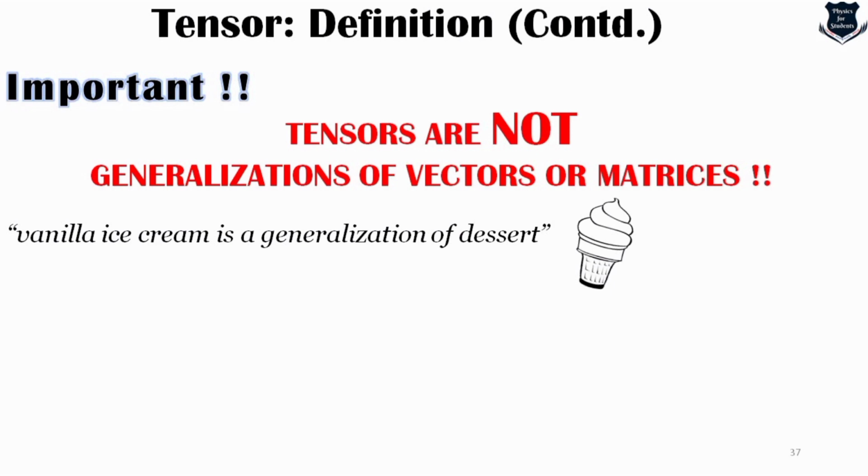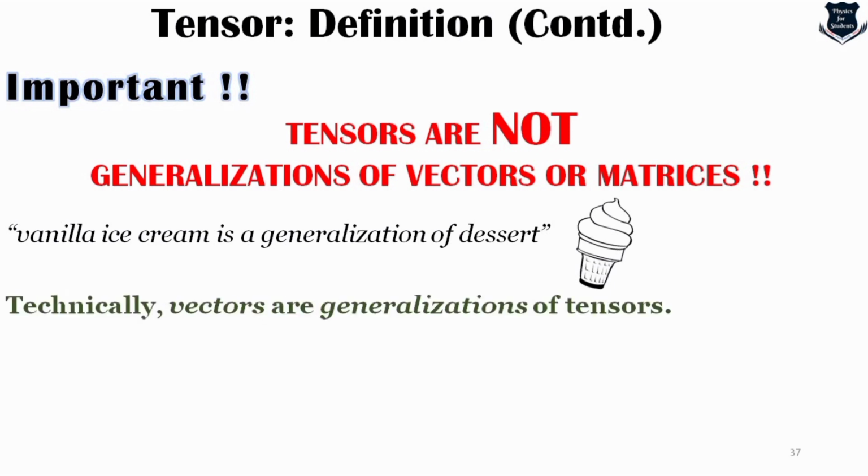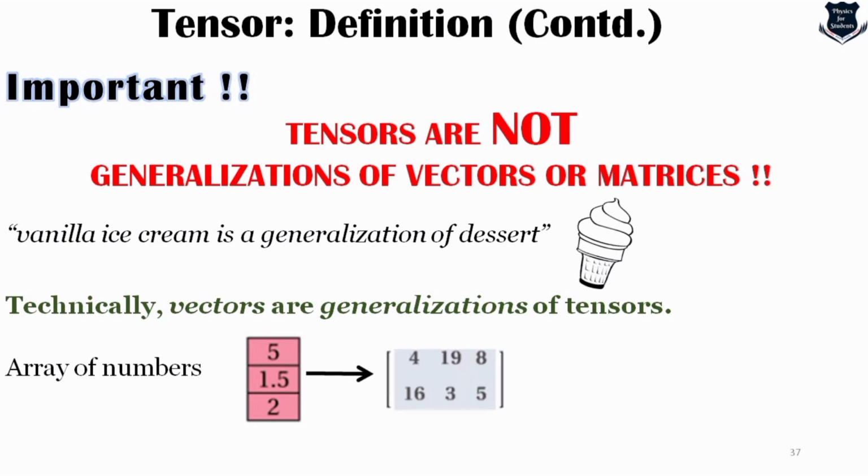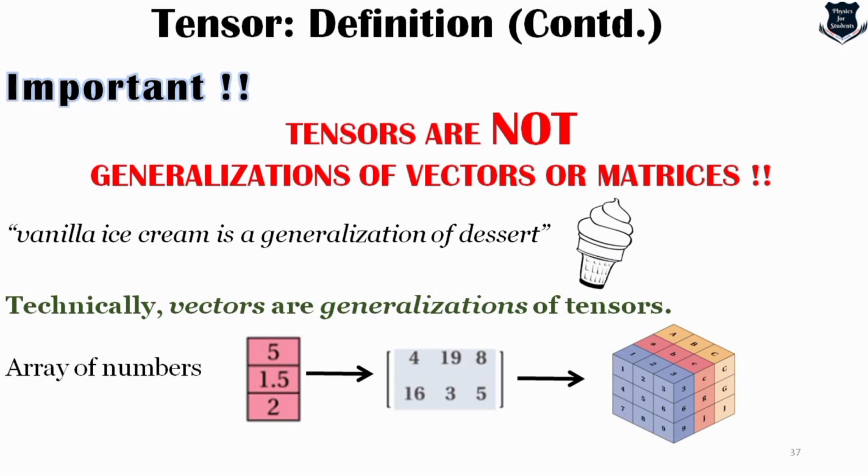So I request you, please do not get confused about tensors. Do not compare them to vectors as you learned in physics class, and do not compare them to matrices. In fact, technically vectors are generalizations of tensors. You have to trust me. And why do we call it that? Because we sometimes call them an array of numbers, which leads to a matrix, and which finally leads to a tensor.